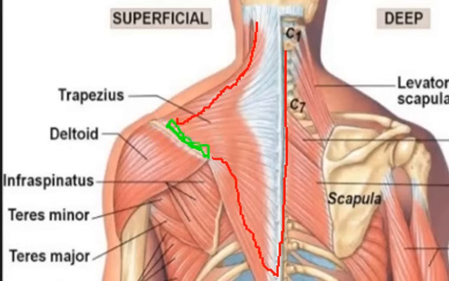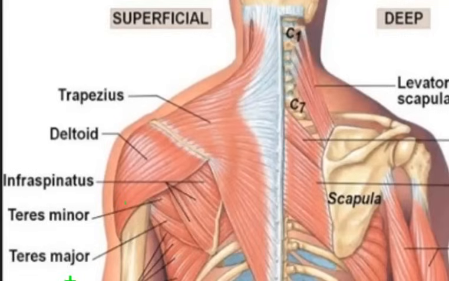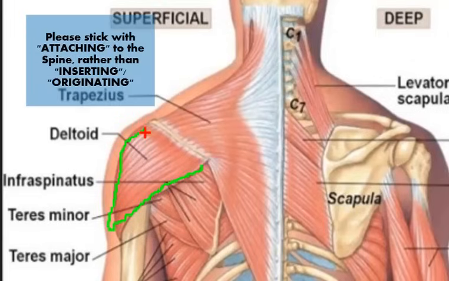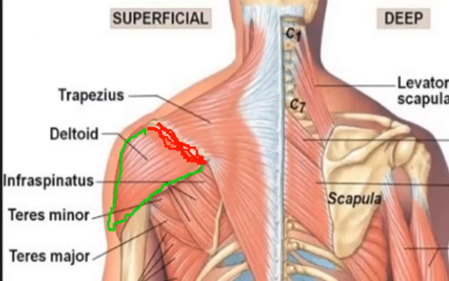So trapezius is a very important muscle inserting right there. Then we also have this large triangular muscle called the deltoid. The deltoid is one very important muscle inserting on the spine of the scapula as well. Okay, so we've mentioned two very important muscles inserting on the spine of the scapula, trapezius and deltoid.